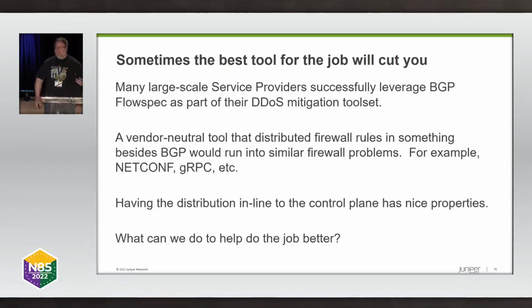Well, as much as that colleague likes to say such things, and he'll speak for himself at some point later, I suspect, you have to get the stuff around your network sometimes, and sometimes in-band has strong advantages to it. And even if it was out of band, you still have to figure out what other channel it could go into. Do you put it into netconf? Do you put it in gRPC? You're going to still have a lot of the same headaches we're talking about. Just because you have a different mechanism doesn't mean the headaches necessarily go away.